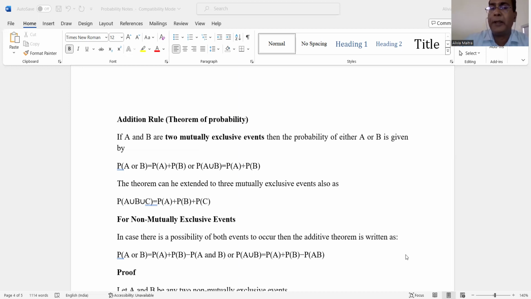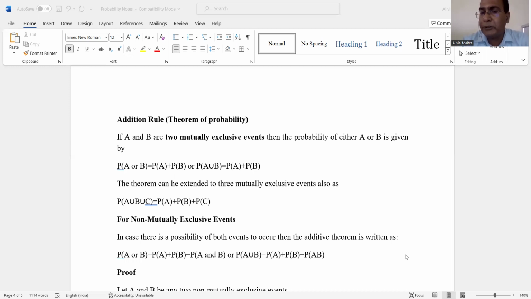It is also written as P(A or B), and that is equal to P(A) plus P(B). P(A) plus P(B) means the simple algebraic sum of the probabilities of events A and B separately, and that is called the addition rule or addition property in probability.